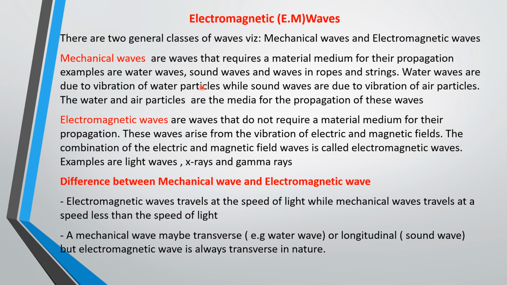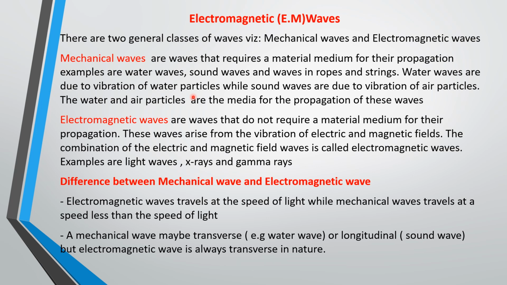Examples were water waves, sound waves, and waves in ropes and strings. So we know that water waves are generated because of vibration of water particles, while sound waves are generated because of vibration of air particles. So the water particles and the air particles are the medium by which water waves and sound waves are propagated.